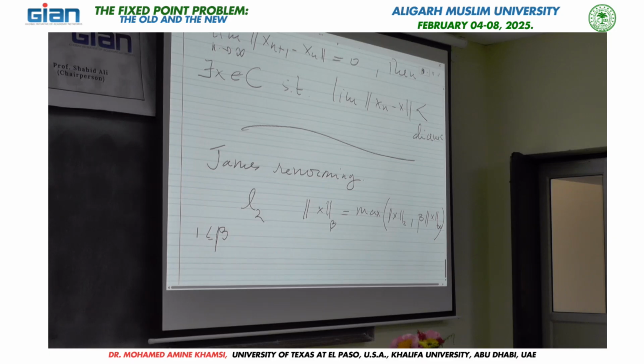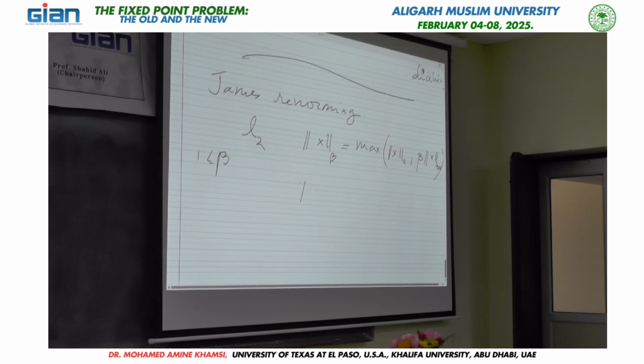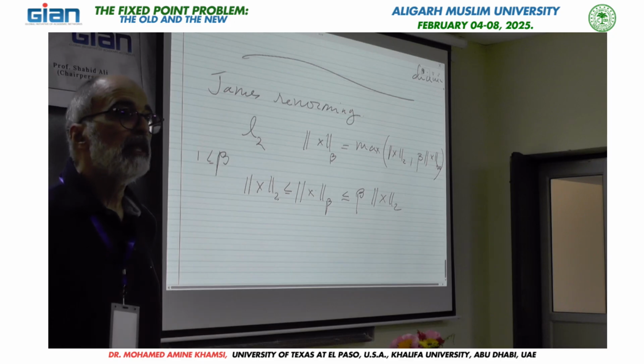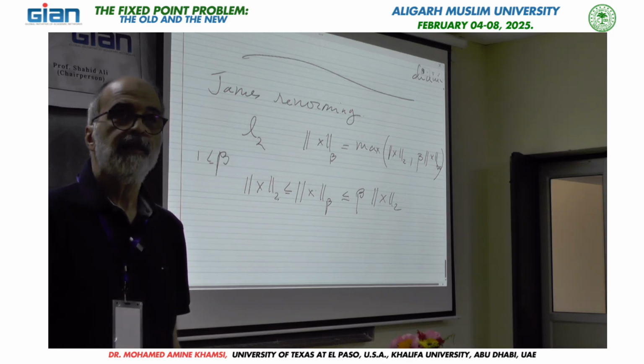Then norm 2 is less than norm beta, and beta is bigger than 1. Otherwise I will put the max between 1 and beta. So norm beta is equivalent to norm 2, an equivalent norm on the Hilbert space.